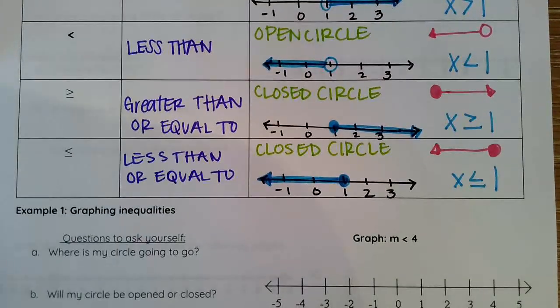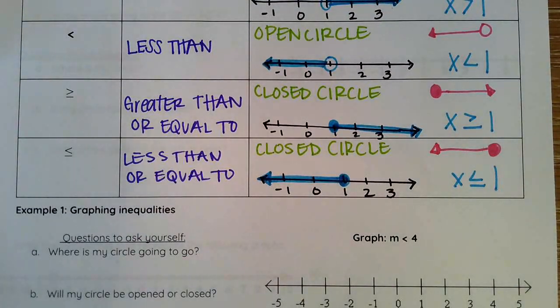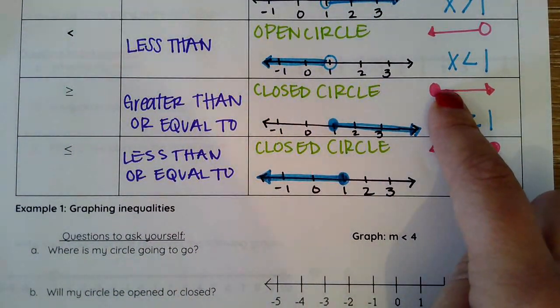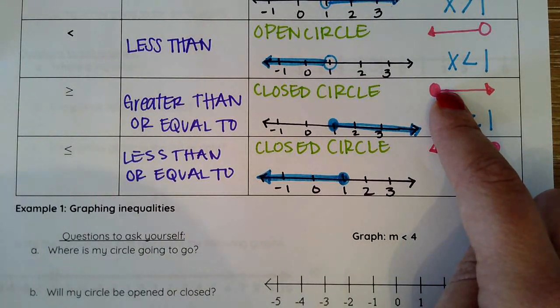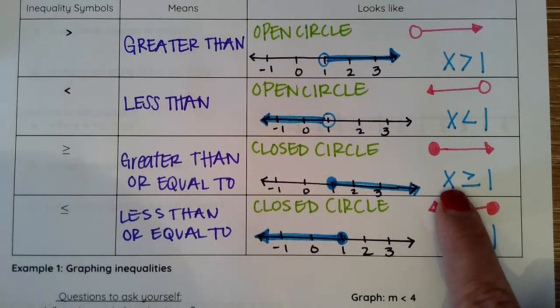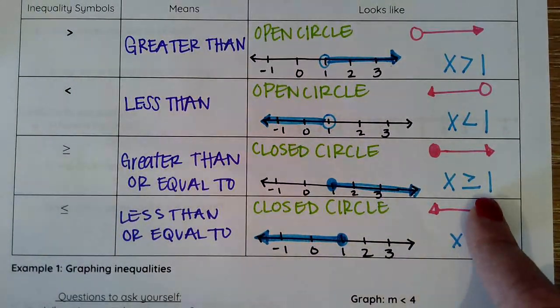Next, I get into my greater than or equal to. In this case, we have a closed circle. But our arrow still goes to the right, just like in greater than. Now, for example, if we have x is greater than or equal to 1, 1 is still starting my solution set like before.